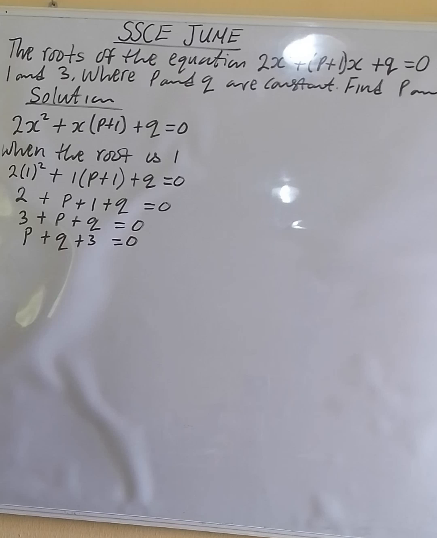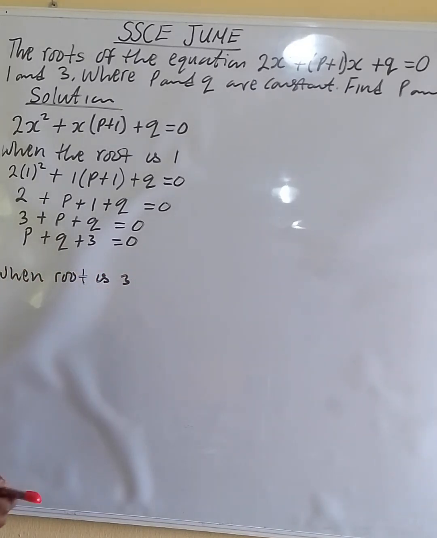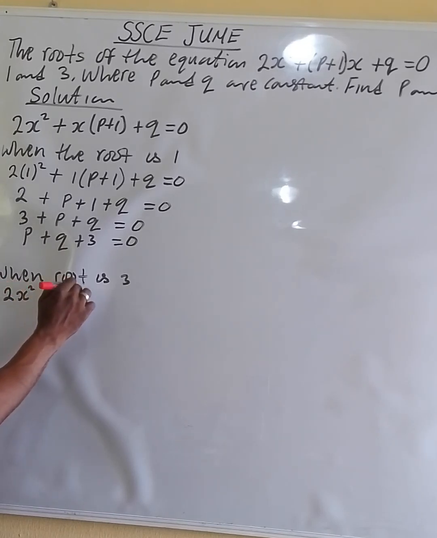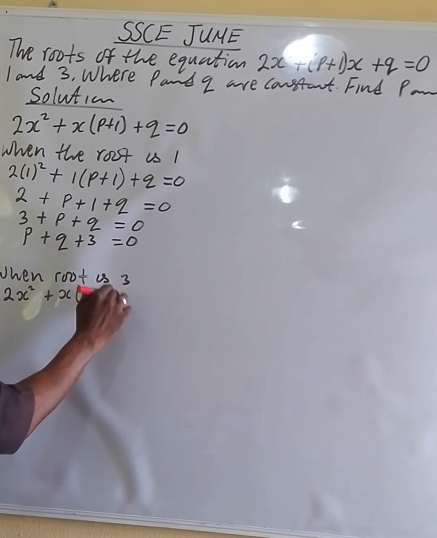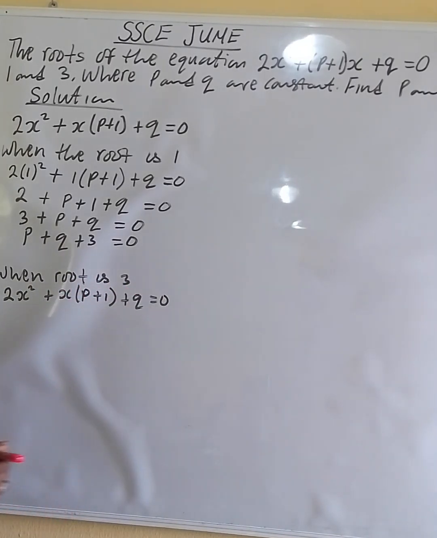Then we also move to when our root is 3. So we say when the root is 3. Now we go back to the equation 2x squared plus x into (p plus 1) plus q equals 0. Now we substitute x with 3.